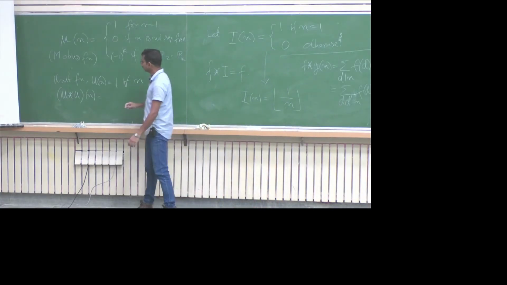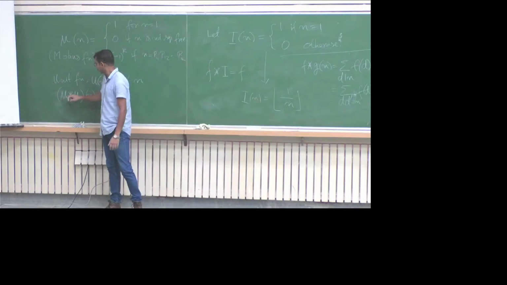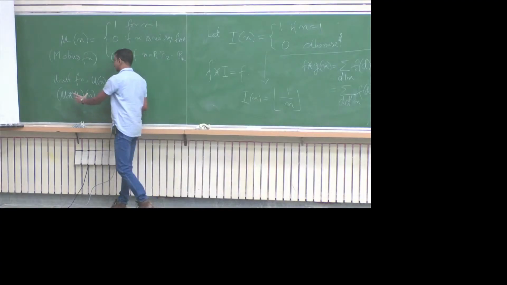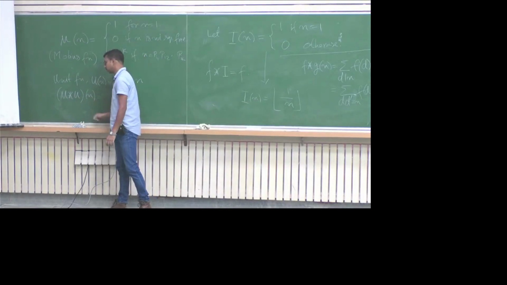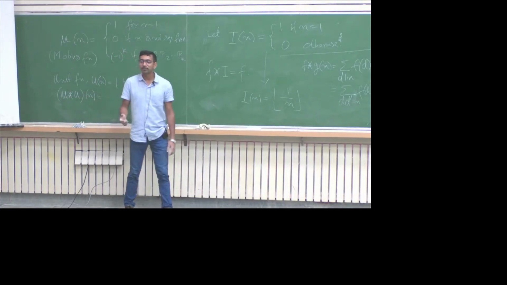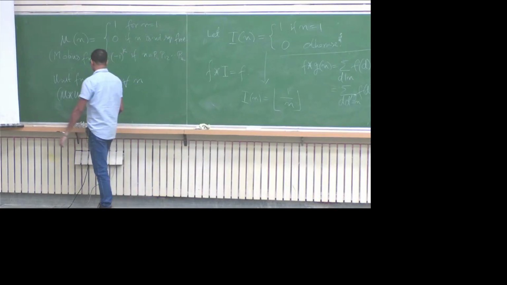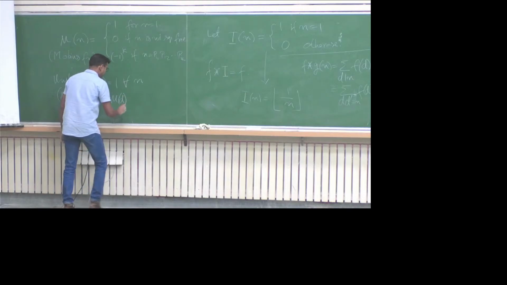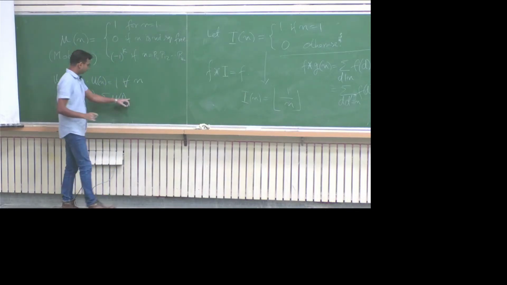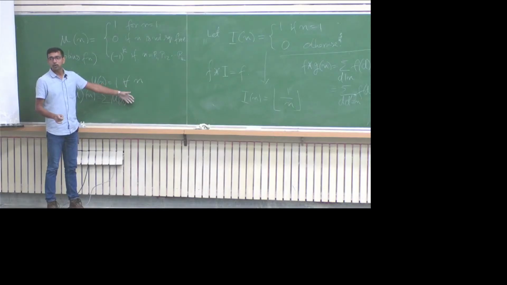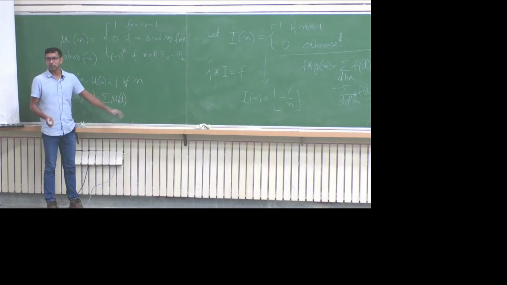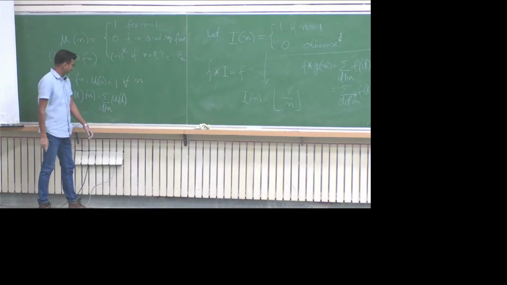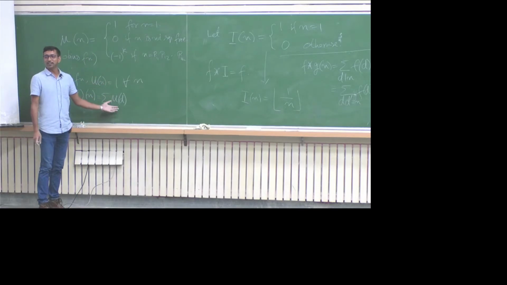Now the question is, if you are considering this function u instead, and taking the convolution of mu with u, what are you getting? The identity function. Okay, let's check. The summation of mu of d times u of n by d, which is equal to 1, so we don't even need to write it. And why is it the identity function?